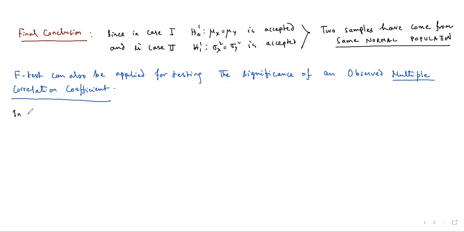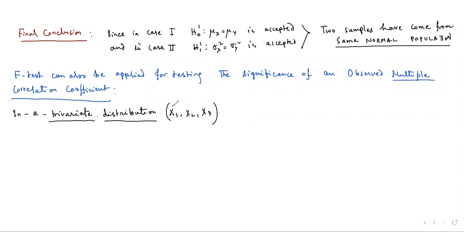Suppose we are considering a trivariate distribution. For example, trivariate means a distribution consisting of three random variables, x1, x2, x3.